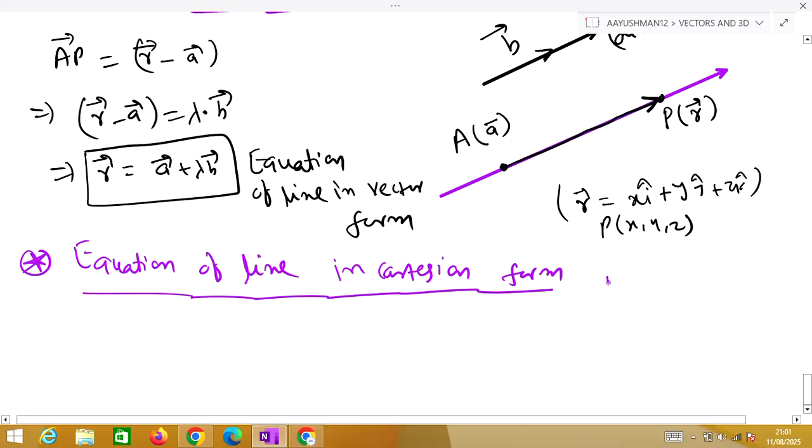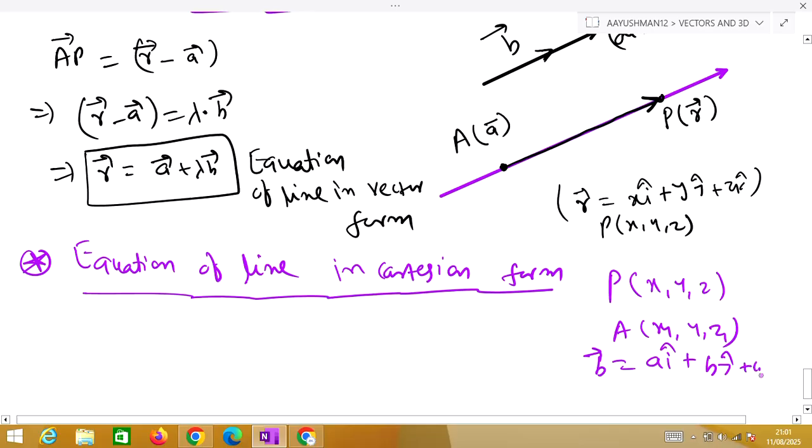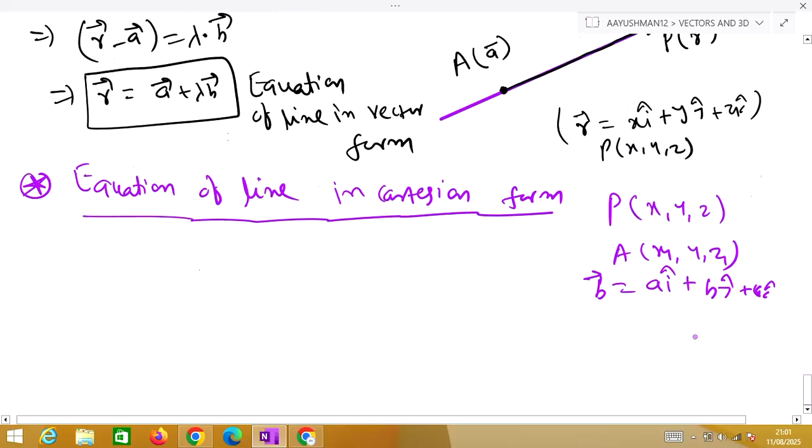Let us suppose we have taken this point P as (x, y, z), and this point A as (x1, y1, z1), and vector b is the direction vector, that is a into i plus b into j plus c into k.